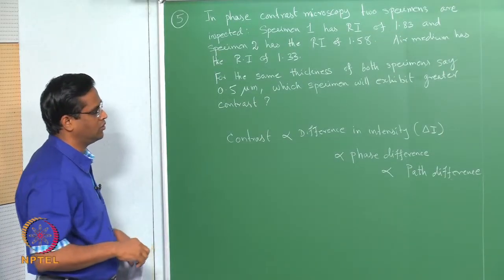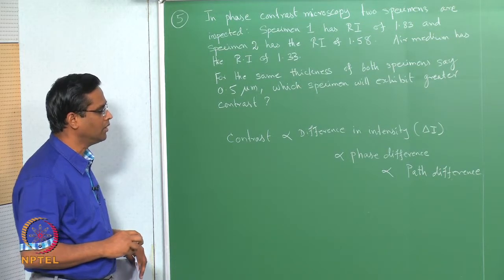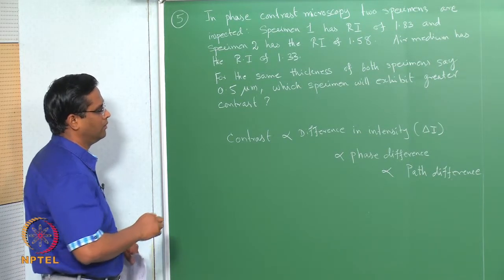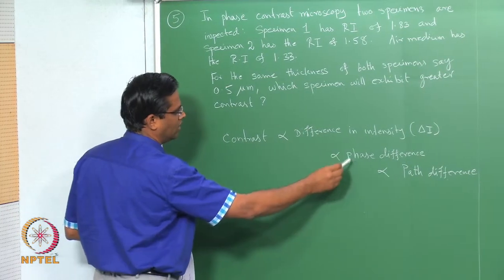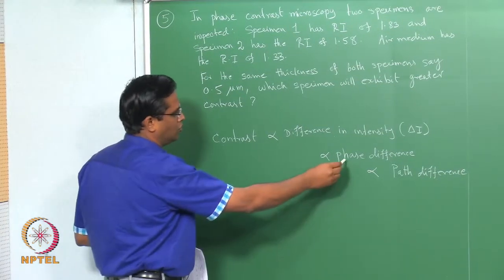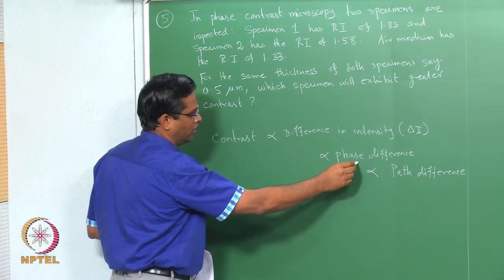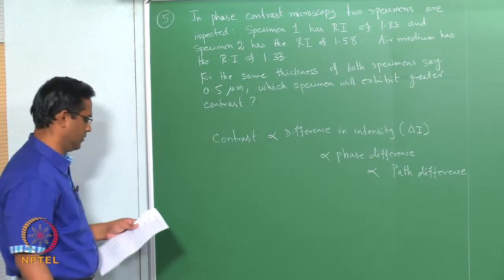So, this is how you have to connect all this phenomenon. Contrast is proportional to difference in intensity, which is related to phase difference, and which is again related to path difference.